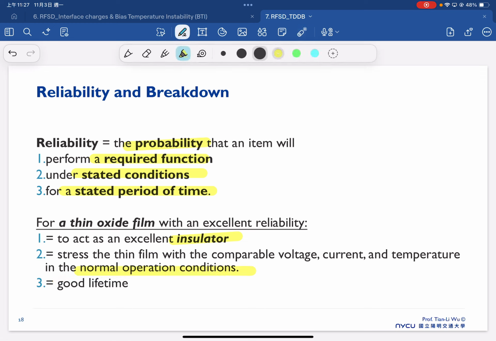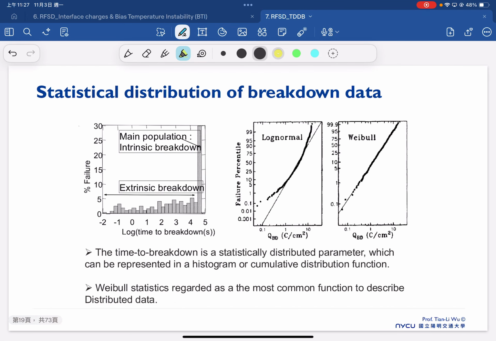So we need to test the dielectric reliability in all normal operation conditions, and also we need to prove that this dielectric has a very good lifetime. In the previous slide, we already mentioned that when we measure device reliability with a huge amount of data, we first make it a histogram.